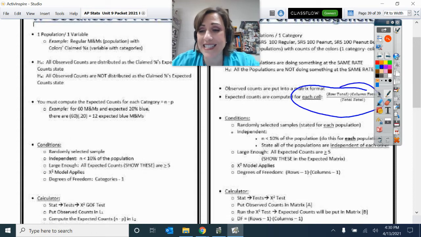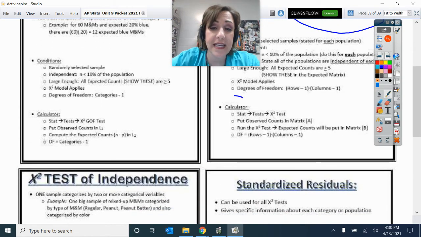Here, again, you can find the expected without the use of the calculator. If you didn't have all the numbers in the matrix, you can find a cell's expected value by doing the row total times column total over total total. And then it talks about how to do this in your calculator.